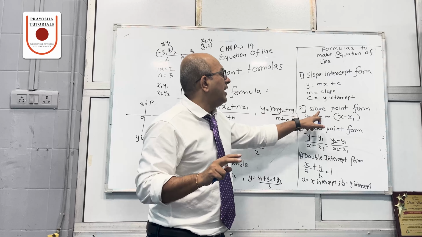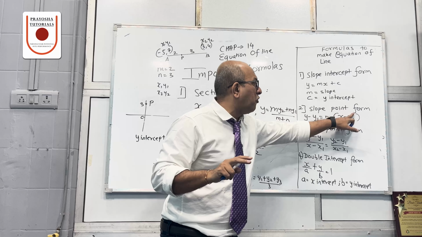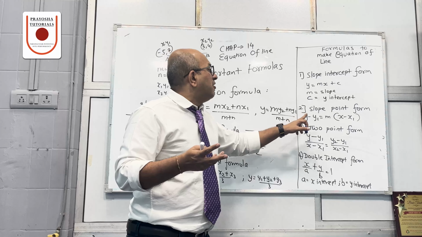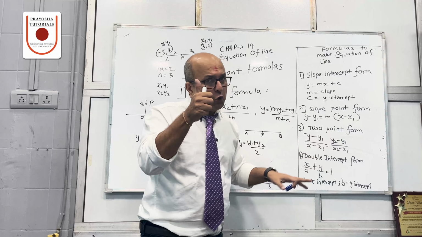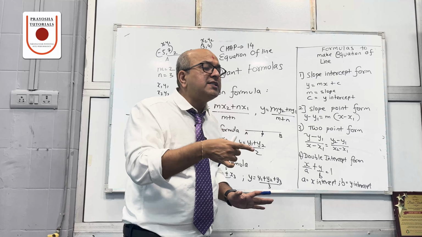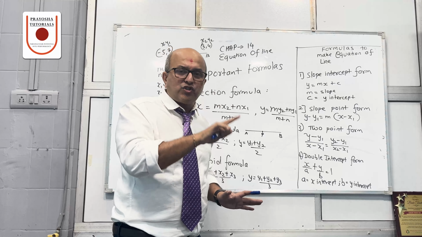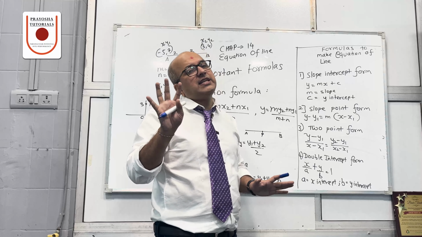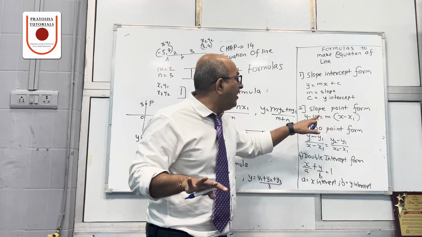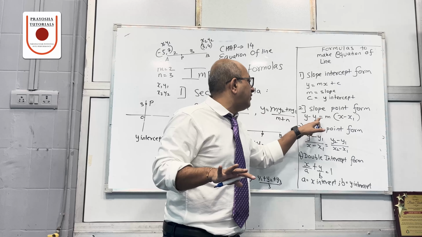Second formula is slope point form. And when do we have to use this formula? When we have a slope which is fixed, and again to revise, slope is (y2 minus y1) upon (x2 minus x1), or it is tan theta. So now we have the slope, and we have the coordinates x1 and y1.